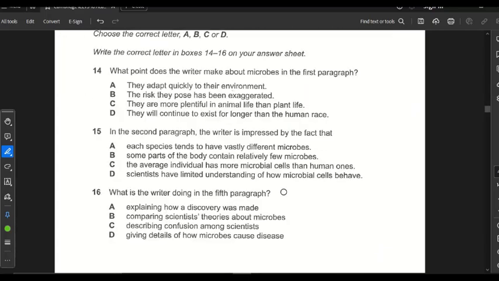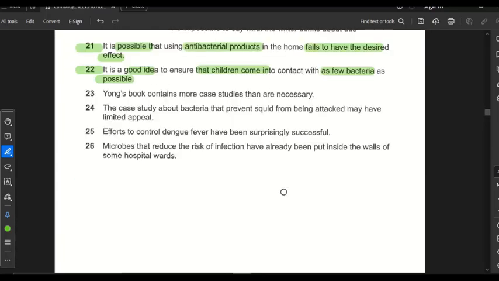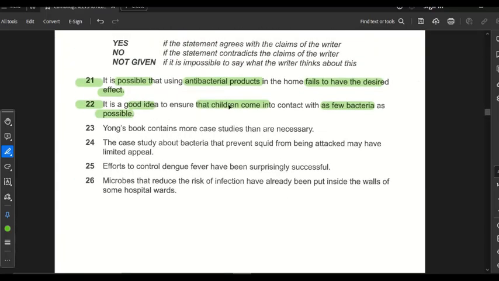However, the statement is saying it is a good idea to ensure children come into contact with few, by saying with a diverse range of. Are you getting the point? That's why I say look at these words very carefully. They just alter the meaning of the entire sentence. Okay, making this one a no.